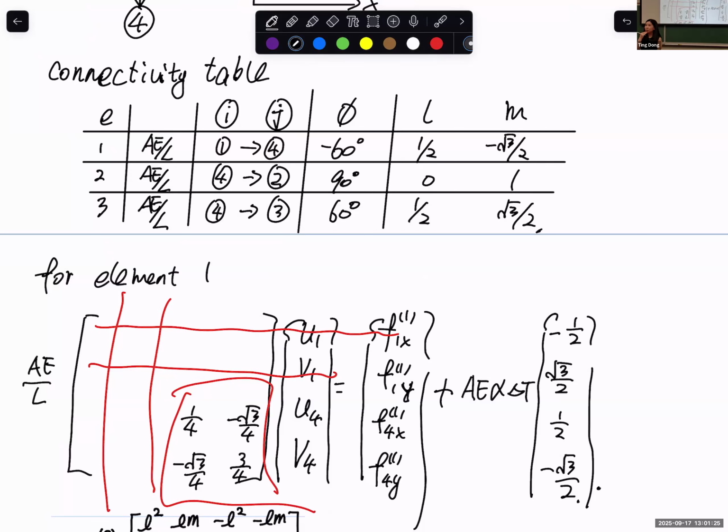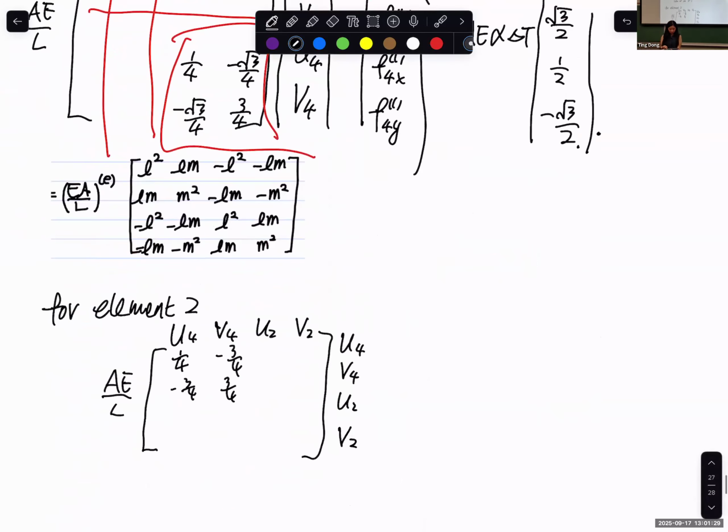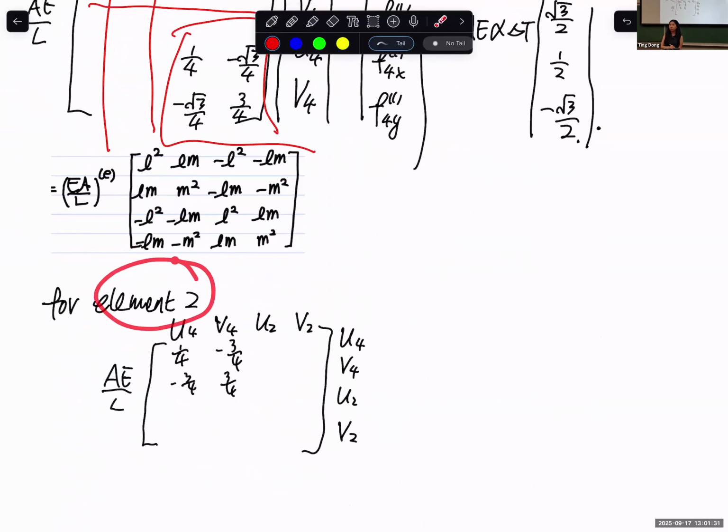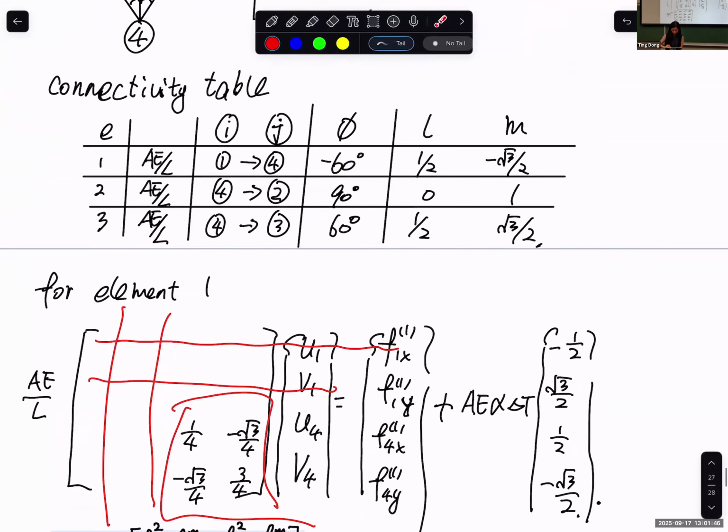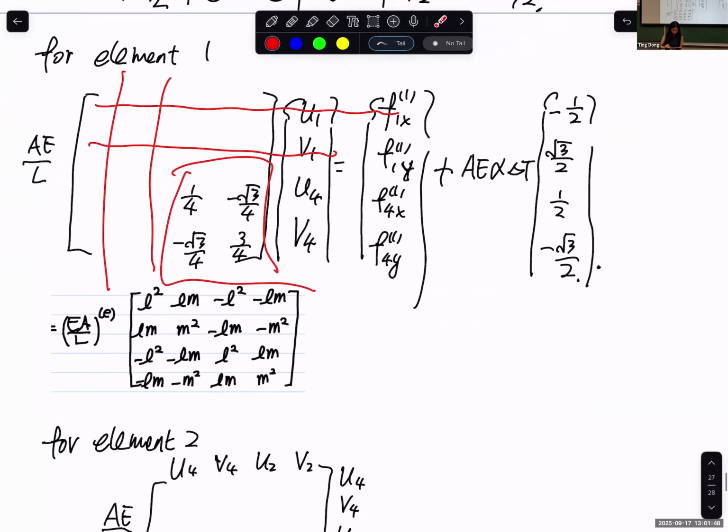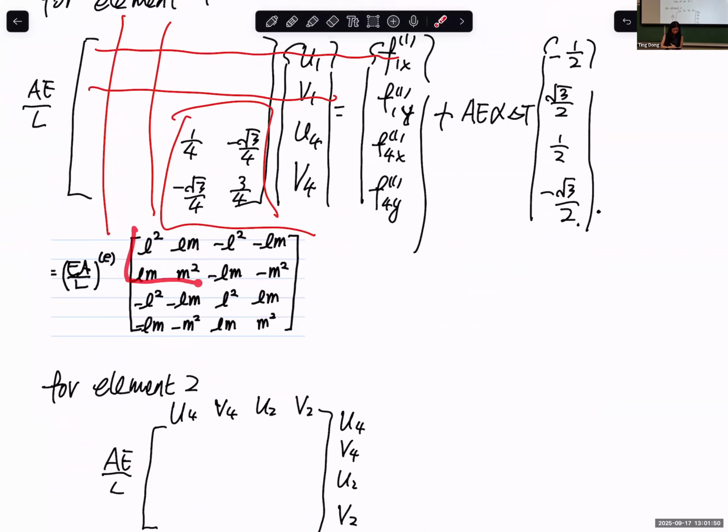Yeah. So basically, this is for element 2, right? So we need to use the corresponding L and M for element 2. Yes. Because let's say our L equal to 0, M equal to 1. So it should be these 4 components, right?